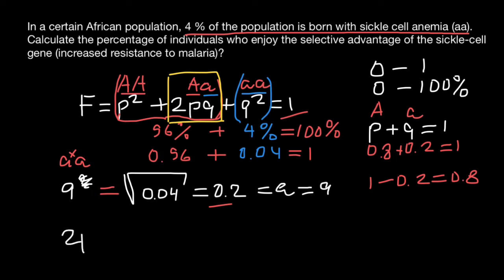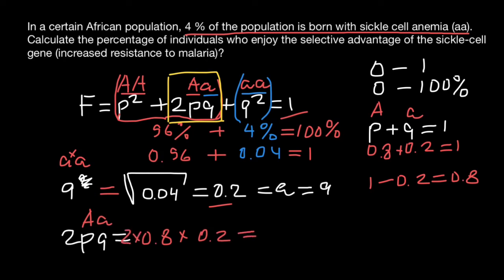So 2pq equals, and pq stands for the heterozygous genotype. So equals the frequency of p, and we have found 0.8, times the frequency of the allele q, which is 0.2, and times 2. So we can put 2 here.